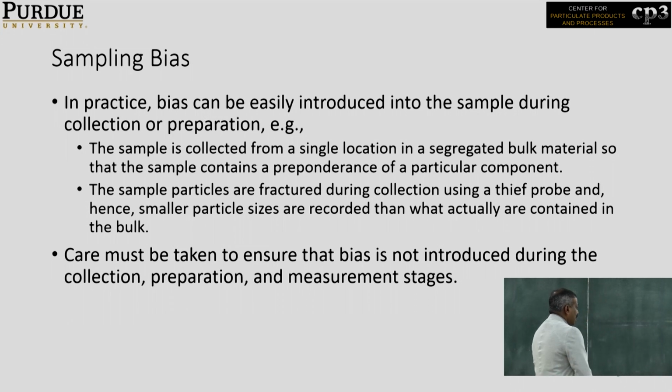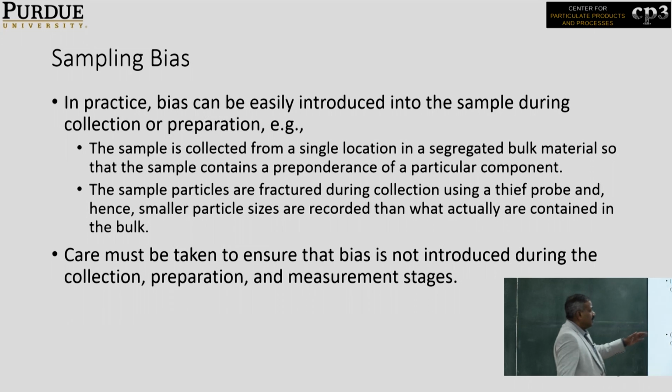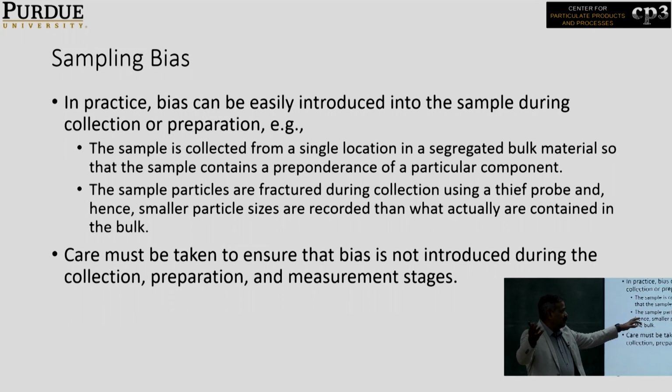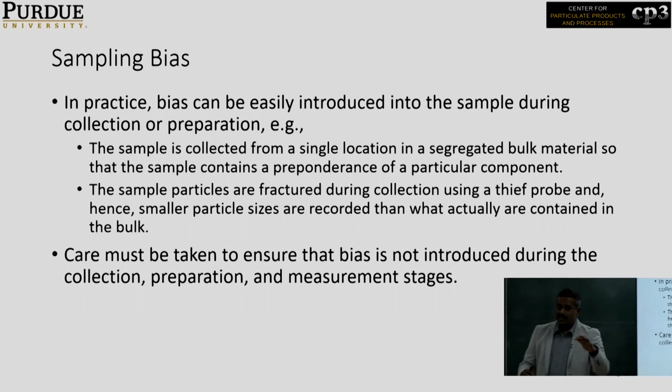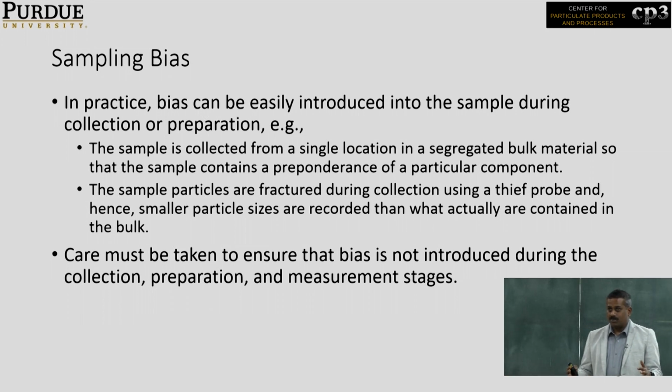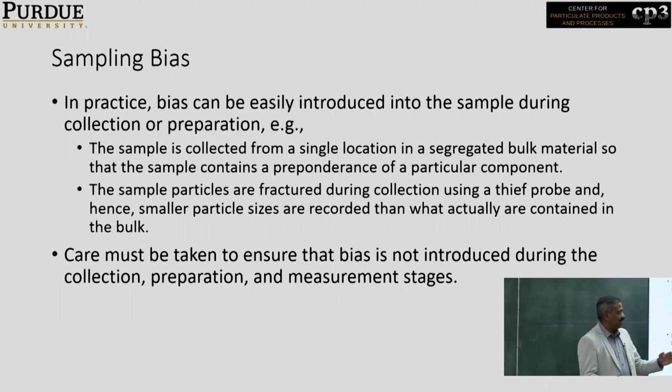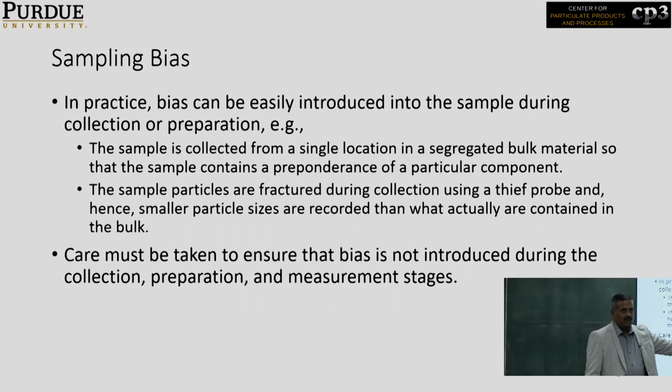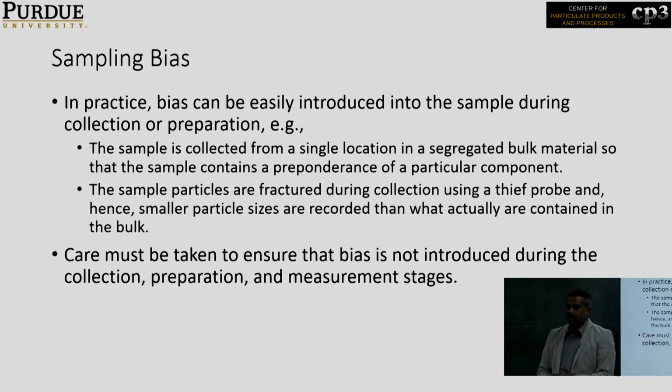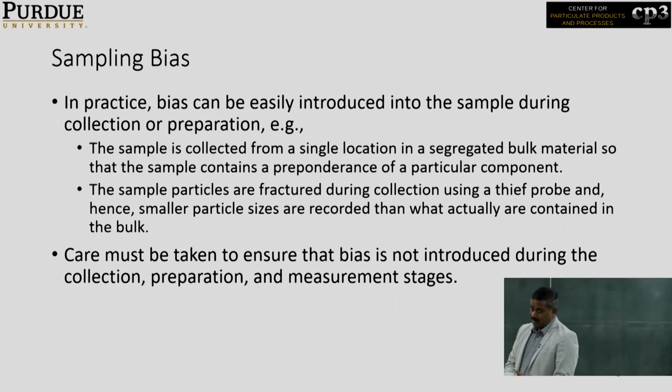Again, as your sample said, you're collecting samples from a different height. Most commonly, if you want to collect samples at different heights from a large tote bag, we use a probe called a thief probe. You would have seen or used a thief probe. Again, that can destroy the sample when you insert those thief probes into those bulk bags.